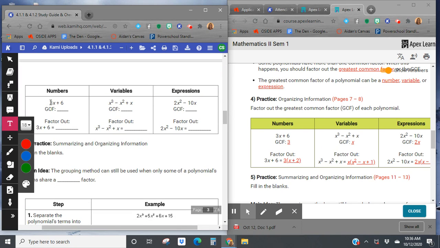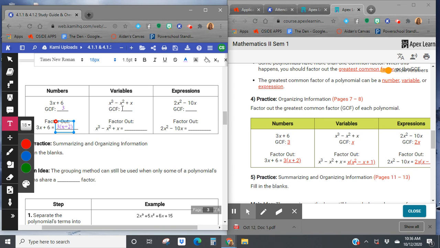So for example, if I look at this polynomial of 3x plus 6, I think what divides evenly into 3 and 6, and my GCF, or greatest common factor, is 3. So once we factor out a 3, I would be left with what could I multiply in order to get that original expression? It leaves me x plus 2.